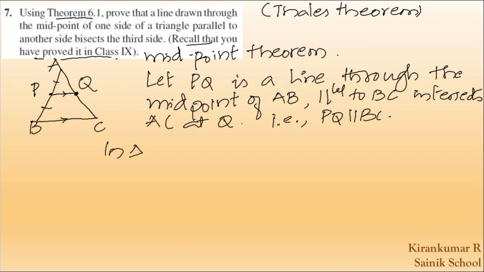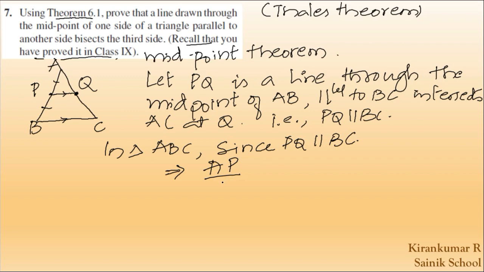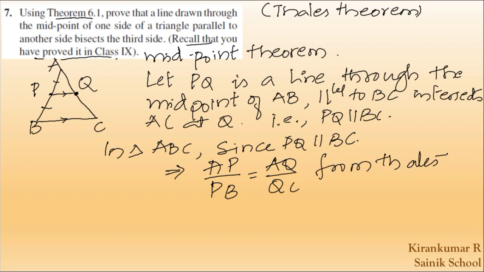In triangle ABC, since PQ is parallel to BC, we have AP upon PB equal to AQ upon QC. This is from Thales' theorem. As it is mentioned here, AP and PB will be equal.